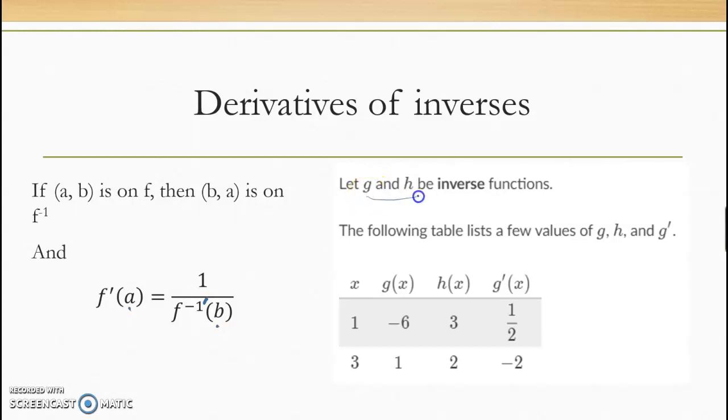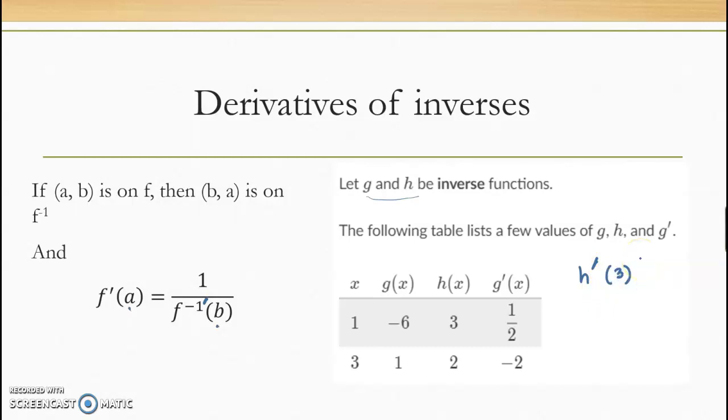So if g and h are inverses, what am I trying to find here? I'm trying to find h prime, the inverse prime at, let's say, 3.